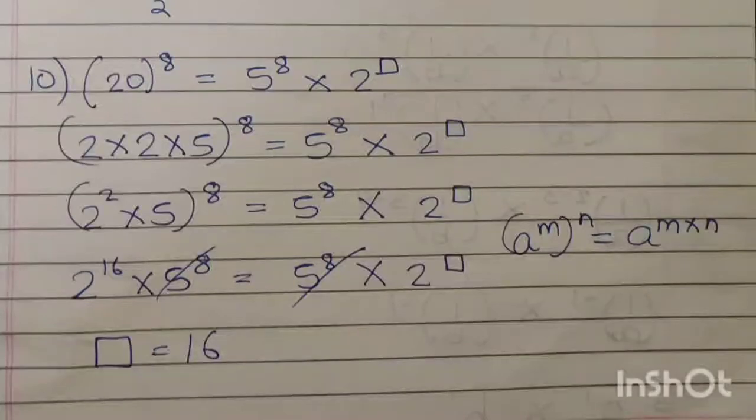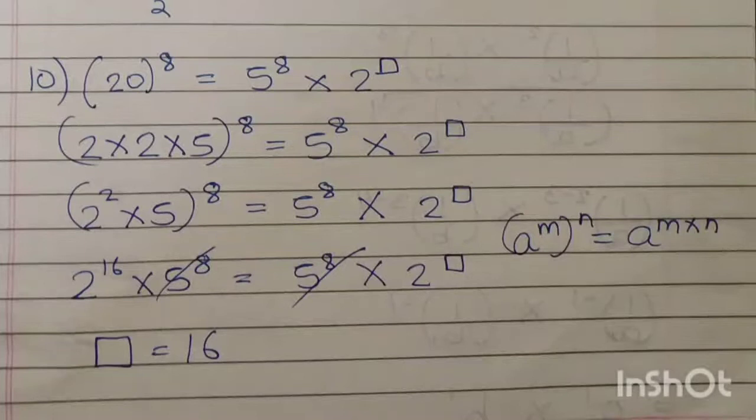So 20 to the power 8 you can rewrite as 2 into 2 into 5 to the power 8. So it will be 2 to the power 8 multiplied by 2 to the power 8 multiplied by 5 to the power 8.